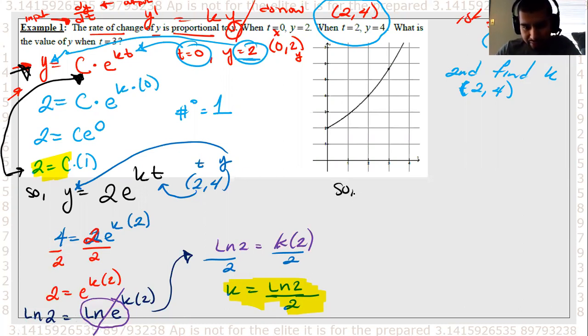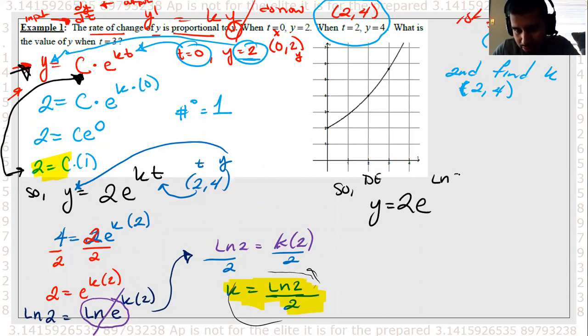So far I have that the differential equation will be y equals C. I already know my C, which was 2. e I know is a number. k, well, k is this right here. So it's going to be ln 2, and I'm going to write it as a fraction, so 1/2 ln 2 times my variable t.